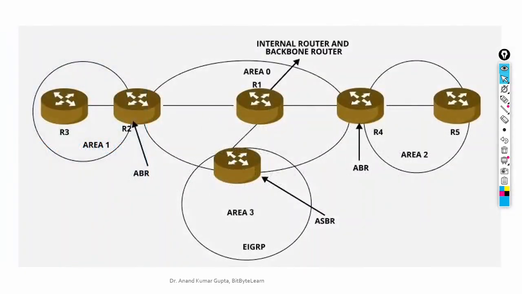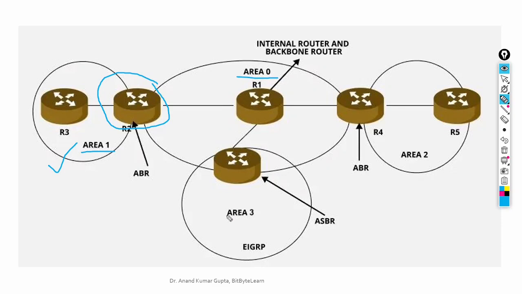Like in this example, you can see the routers R2 and R3 in this network are creating area 1. R1 and the other routers are in area 0, and area 2 has R4 and R5. Router 2 is playing the role of the area border router, which is connecting area 0 and area 1 together.